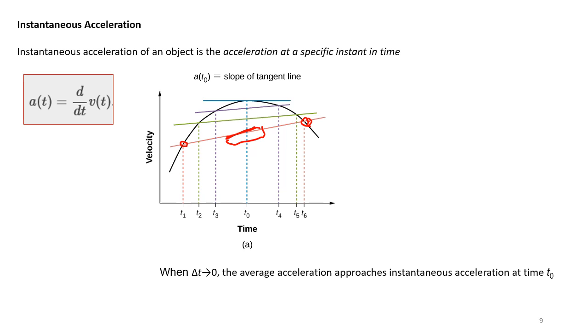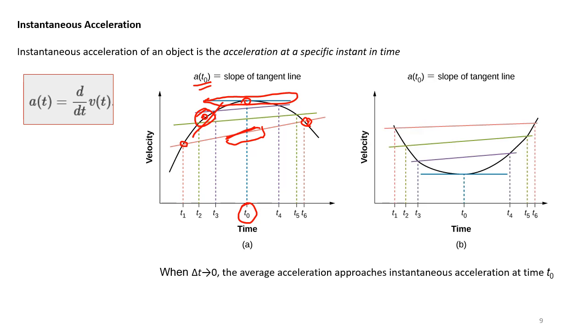But in case you are asked to find the acceleration at this t0 time, at this instant of time, basically you need to get the slope of this tangent. So you need to plot a tangent at this point. So slope of this tangent is the instantaneous acceleration. Again here you can see you want to find the acceleration at this instant, you find the tangent, and the slope of this tangent will be the acceleration at this instant of time.